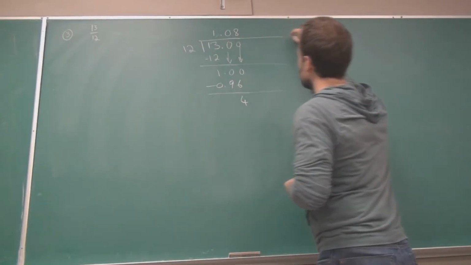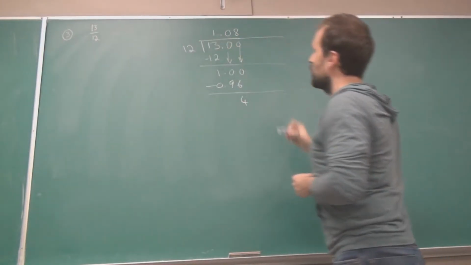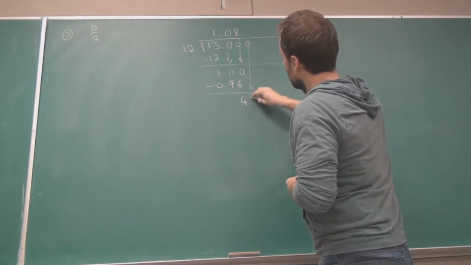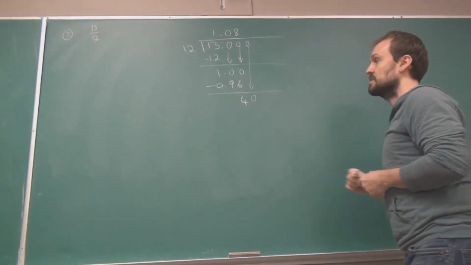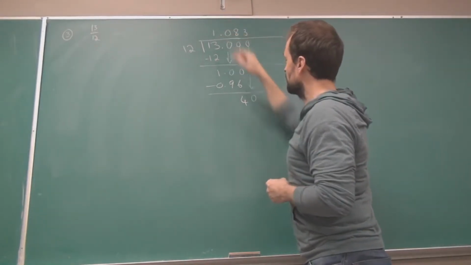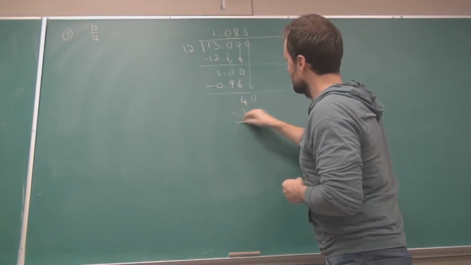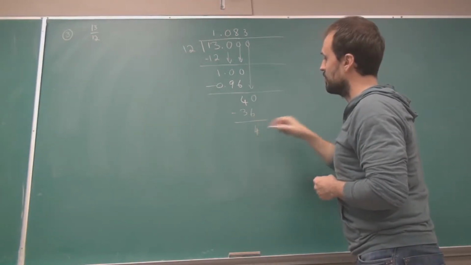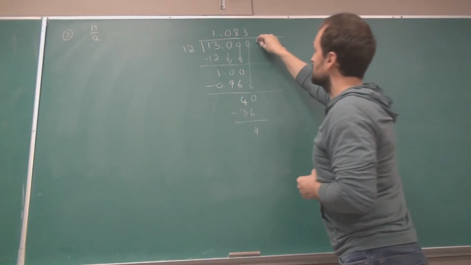So I keep going, extend my lines. 12 goes into 4. No. Bring down another 0. 12 does go into 40. How many times? 3. 3 times 12 is 36. Then I have a 4 left. That is not enough.